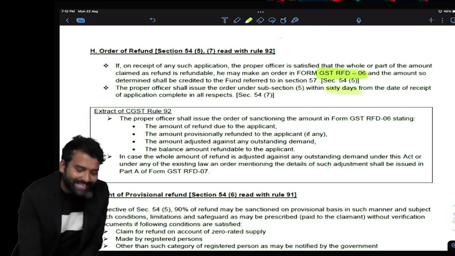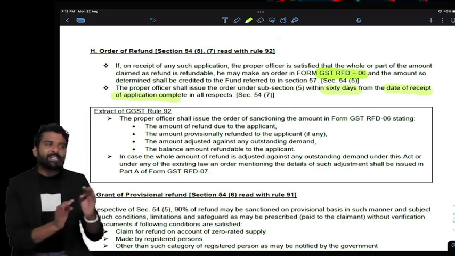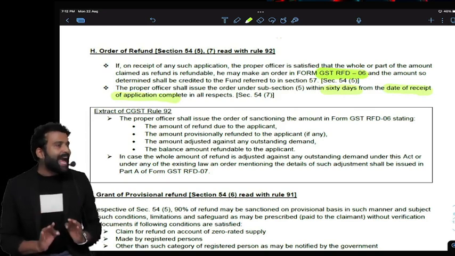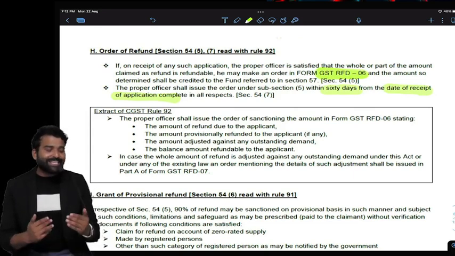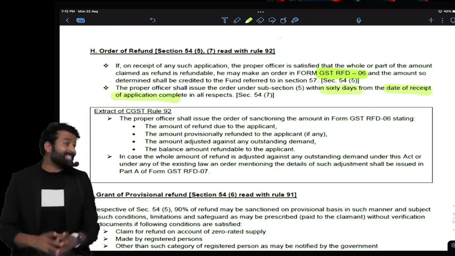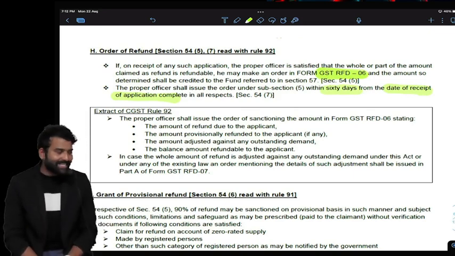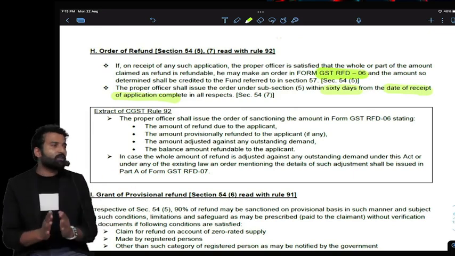Within 60 days from the date of receipt of the application. Once my application is completed and filed, they have to refund me within 60 days, and if they are not refunding within 60 days, they are liable to pay interest as well. So what is the time limit for the department to give me the refund? 60 days from filing the application.